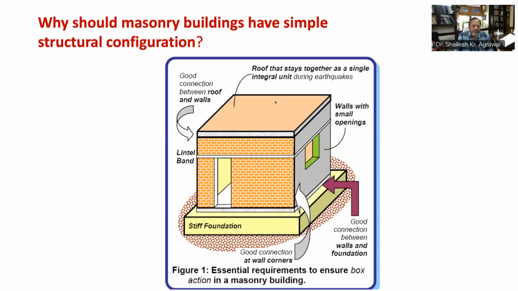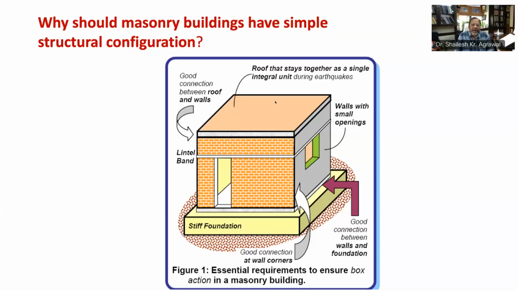It was explained to you in the previous tip as well. Loosely connected roofs or unduly slender walls are also a threat to good seismic behavior. A good box action between all the elements of the building, that is, between roofs, walls, and foundation, ensures earthquake-resistant construction, as shown in this figure.